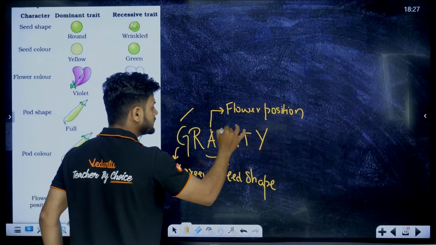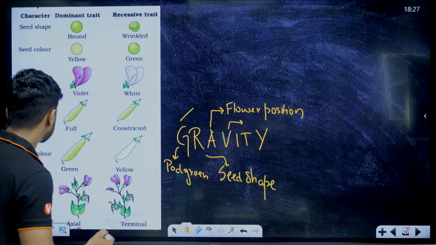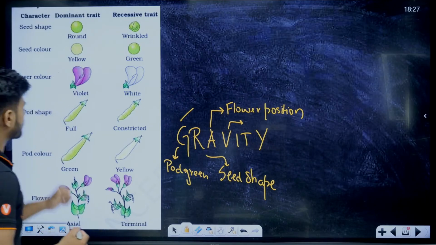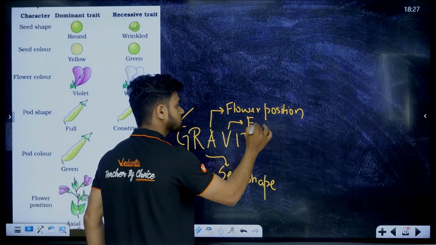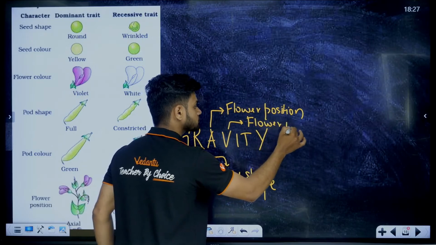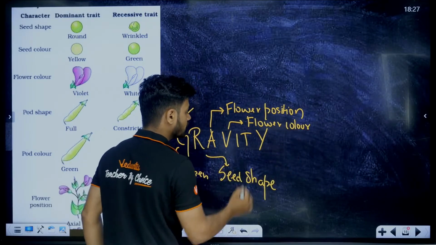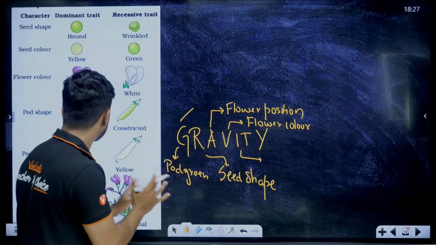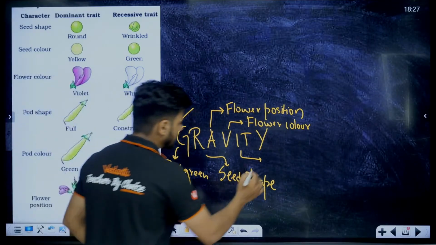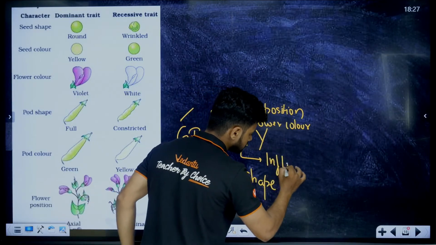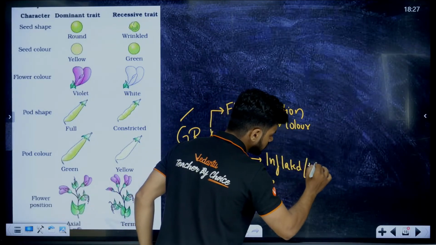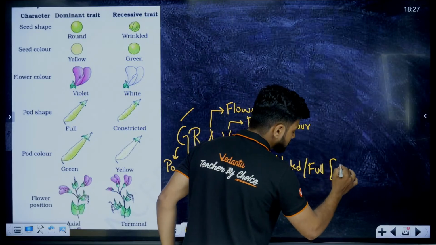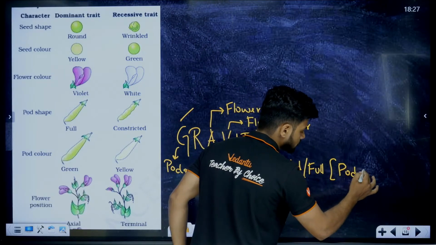Then we have V. V is nothing but violet, flower color, which is dominant. Then we have I. I is nothing but inflated pod shape. Inflated or full, that is your pod shape.